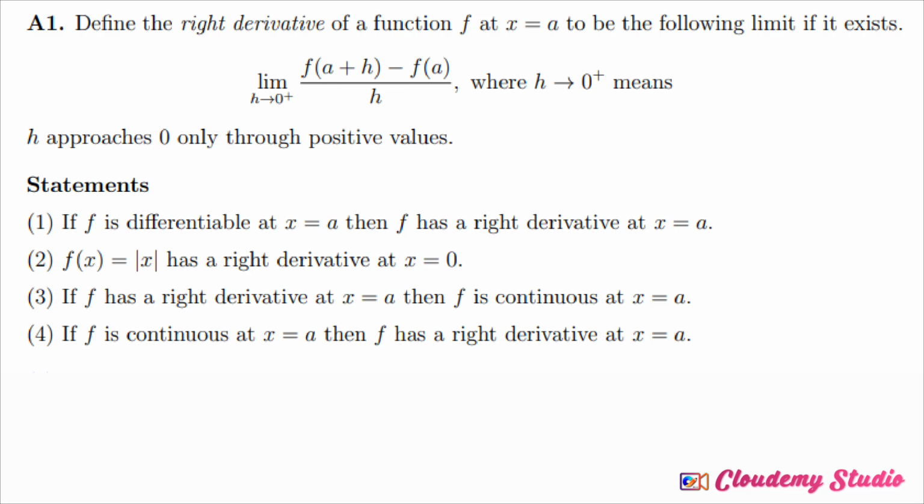Means we have to find true and false for them. So the first option is: f is differentiable at x equals a; f has a right derivative at x equals a. Is f differentiable at x equals a?